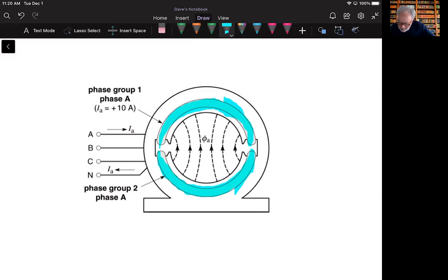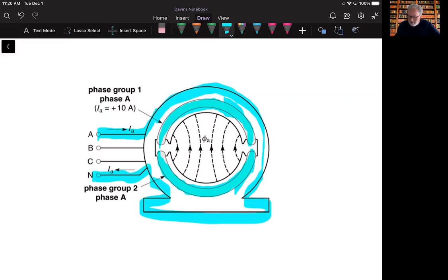What I can see here would be that same connection: here it goes through here, back to here, to neutral. That would be for phase A. That's just the way that it's constructed.